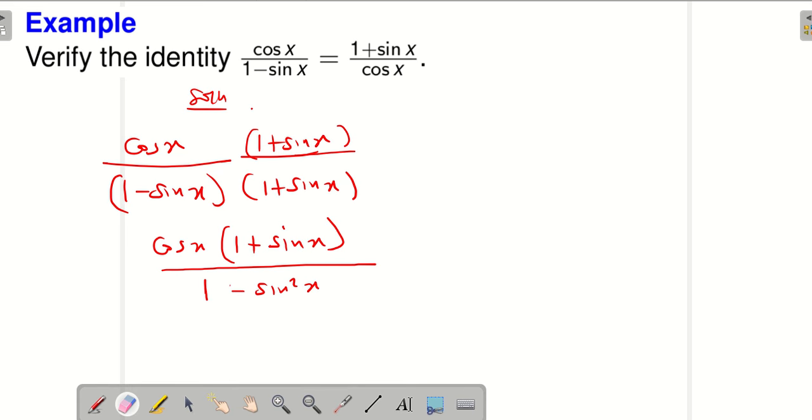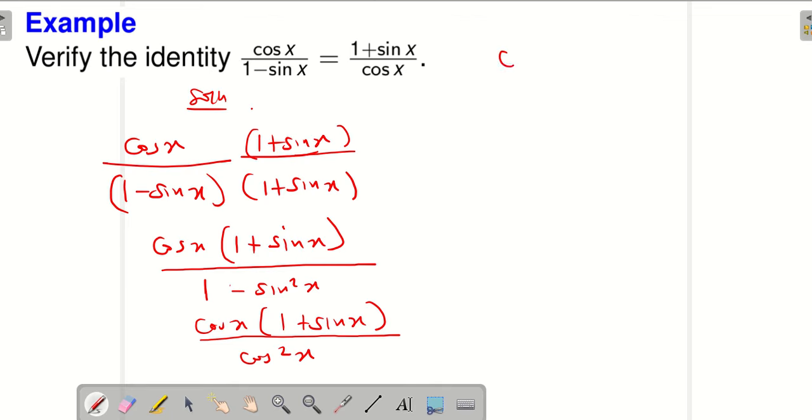But we know that 1 minus sine squared x is cos squared x, so we can write it as cos x into bracket 1 plus sine x, all divided by cos squared x.